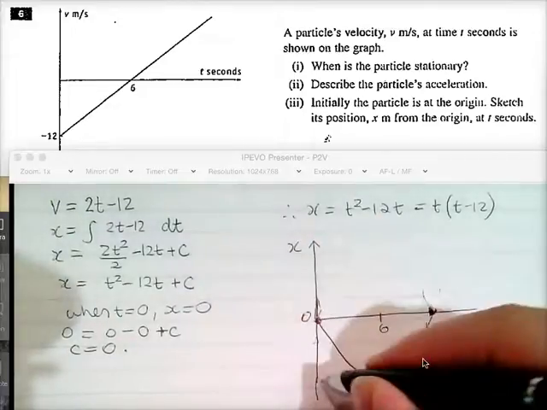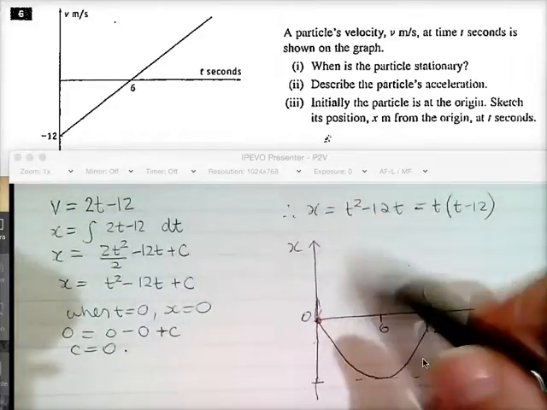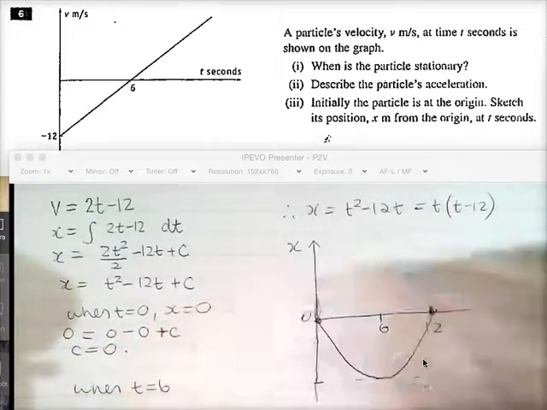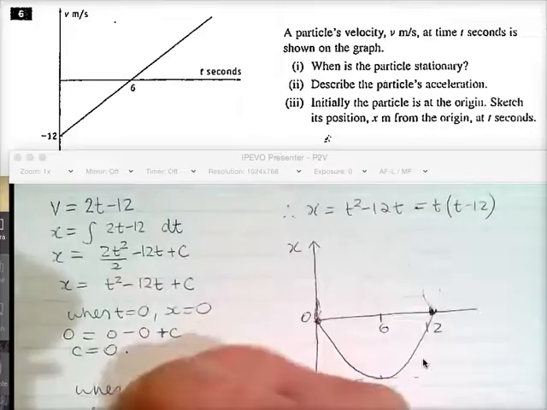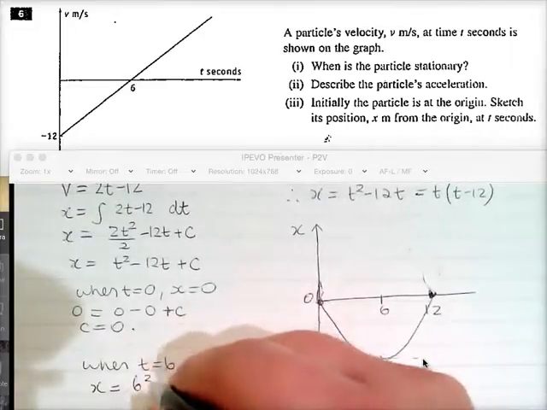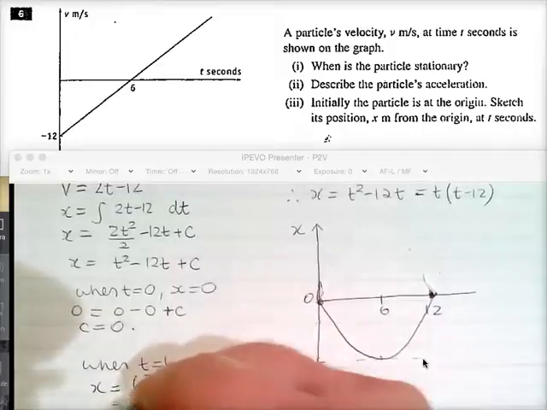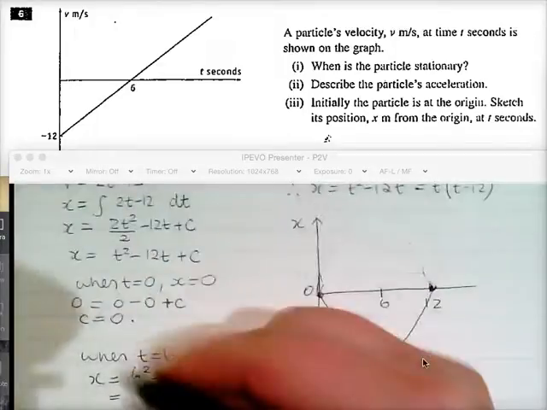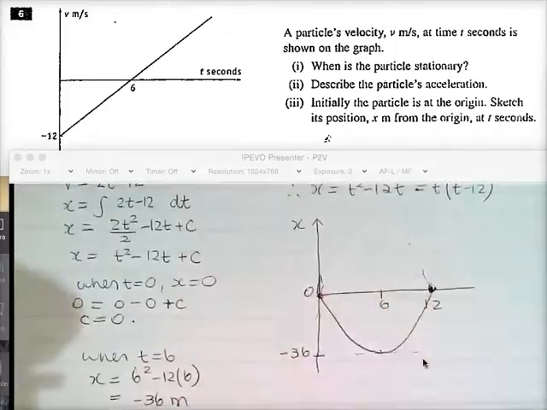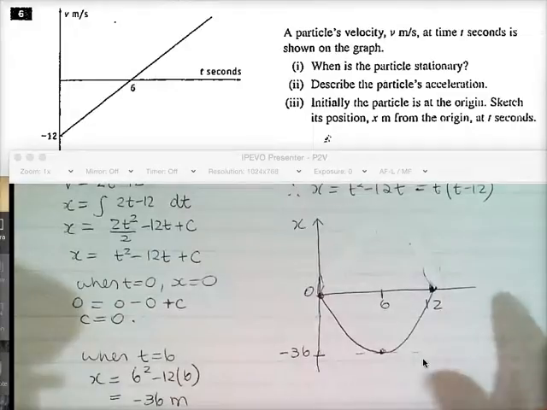So if I substitute when t equals 6, I can work out what this value is. I get that x is 6 squared minus 12 times 6. So it's 36 minus 72, which is negative 36 meters. In other words, I'm at 36 meters to the left of the origin at time 6 seconds.